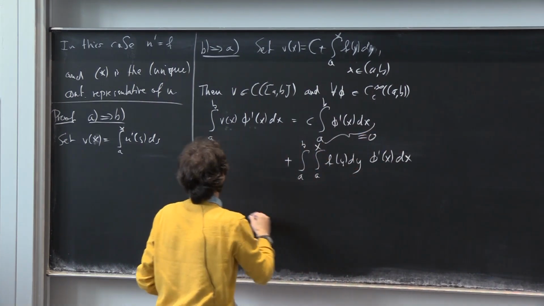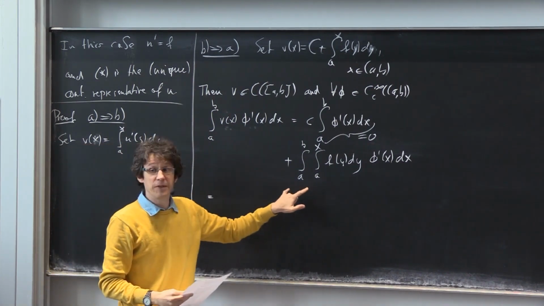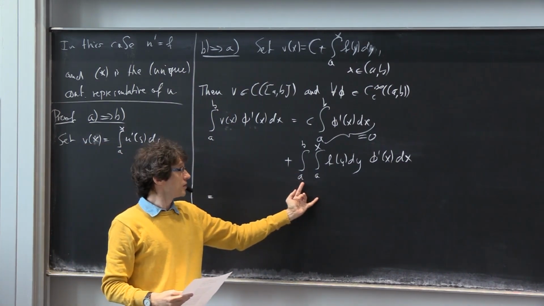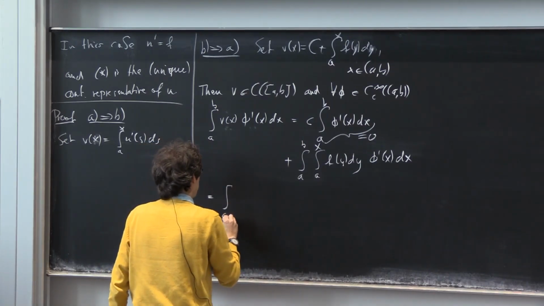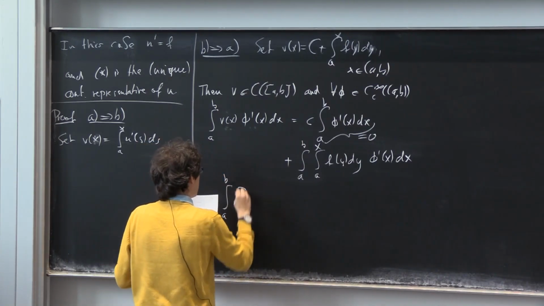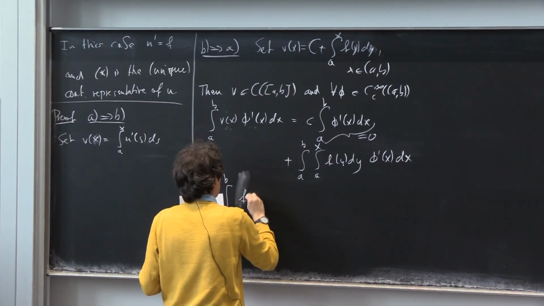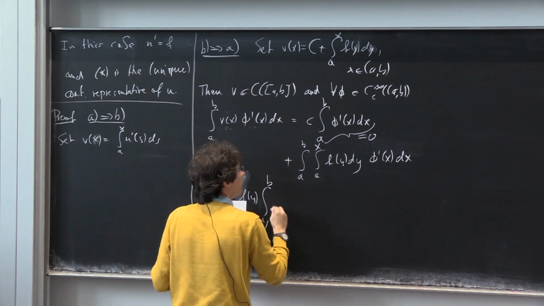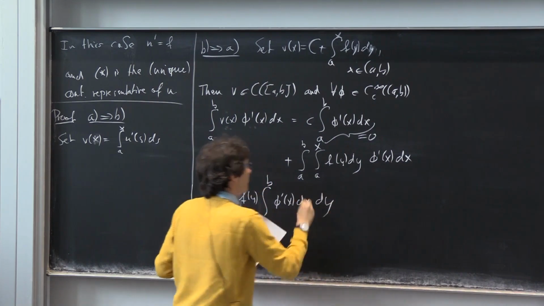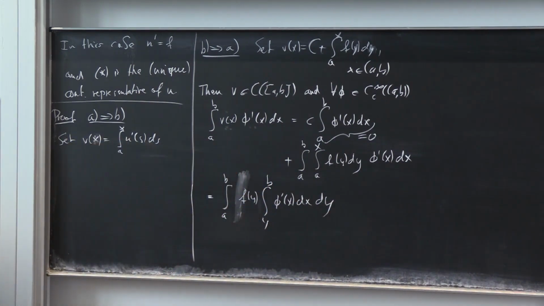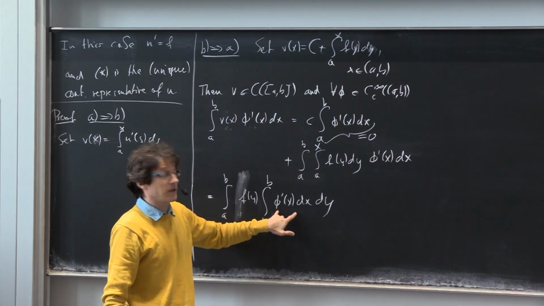So what we are left with is this one. And what we do here is a Fubini, so we change these two integrals, which is okay because everything is L1. So what we get is the integral from a to b, integral from y to b. Now let's take the f out. f of y, integral from y to b, phi prime of x dx dy. And now you see why I wanted to do a Fubini argument, because now in the middle I again get an integral over phi prime.